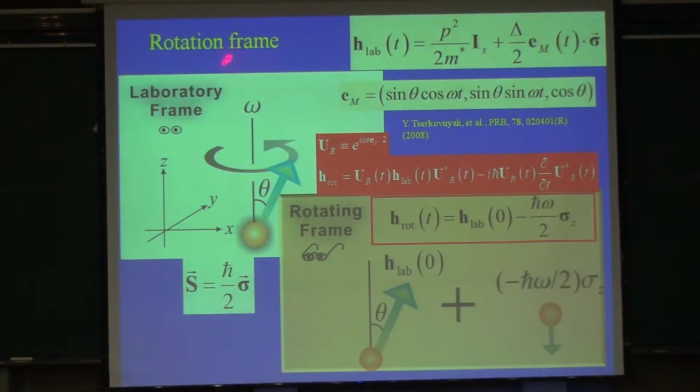The basic idea, if you look from the rotating frame, becomes very clear. In the lab coordinates, you see the kinetic term and also your rotation field interacting with your spin. And this is a rotation. So if you use the unitary rotation operator, you can change from the lab coordinate to the rotating frame.